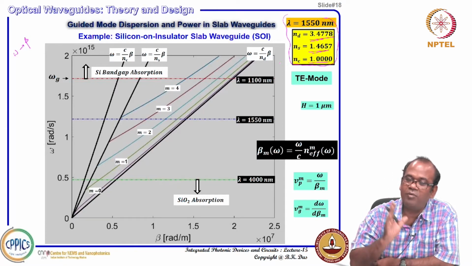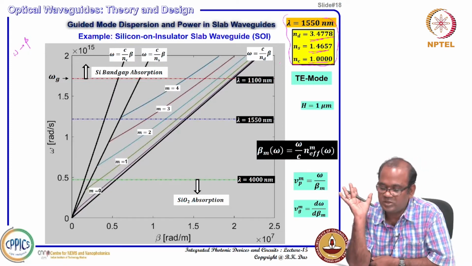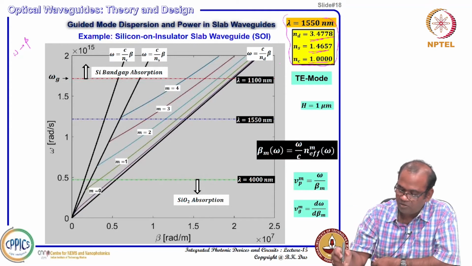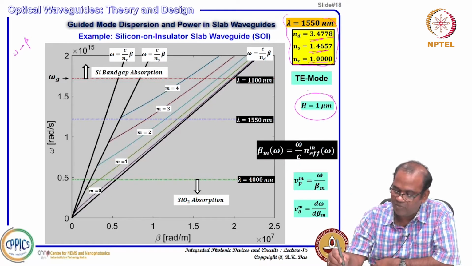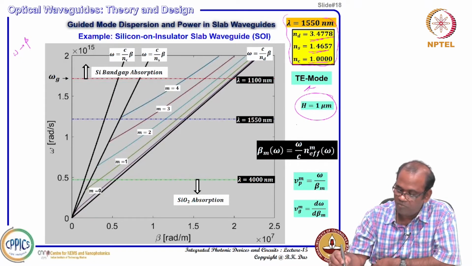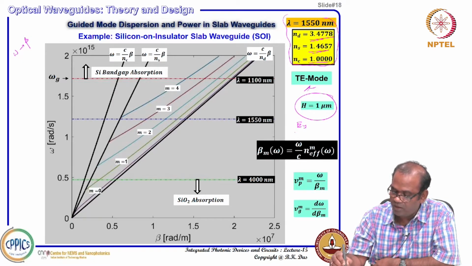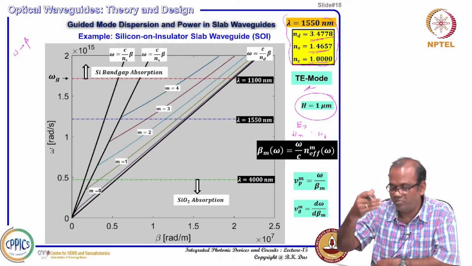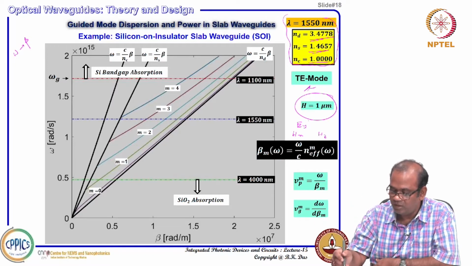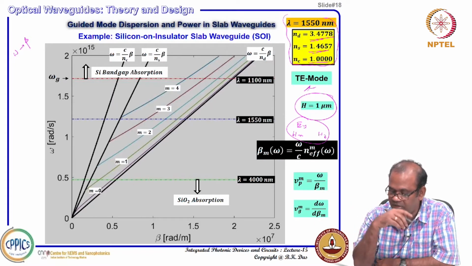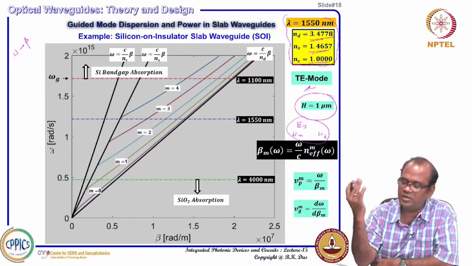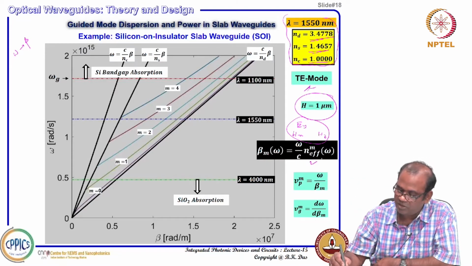That means I have assumed that no material dispersion is there, and I have considered the device layer thickness is 1 micrometer stretched along x direction, and I am considering only T mode. T mode means I have only Ey component and Hx component, Hz component. If an electromagnetic wave is propagating as a mode in the waveguide, you have these 3 components, T polarization just consider. You can consider for TM polarization also.